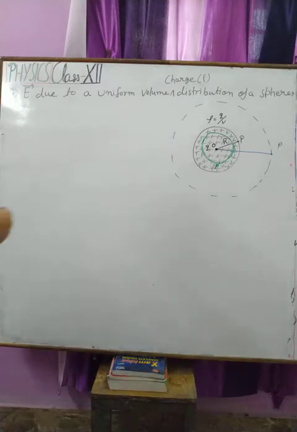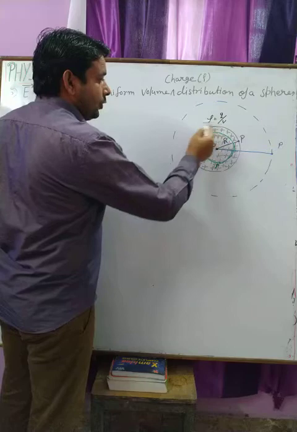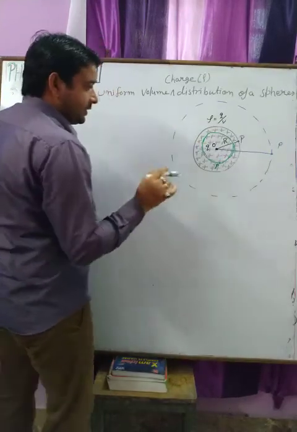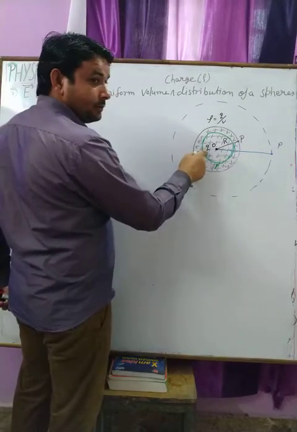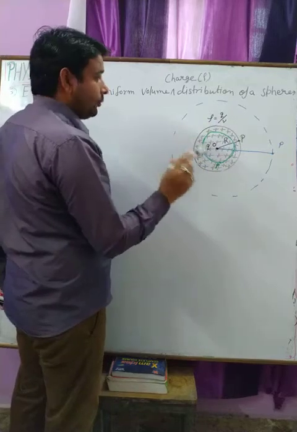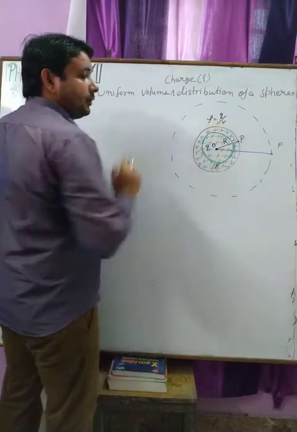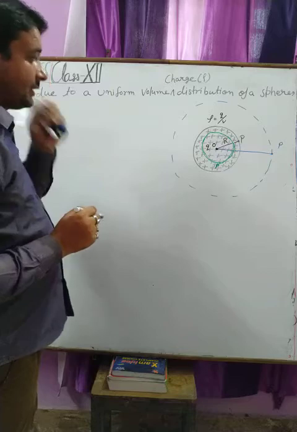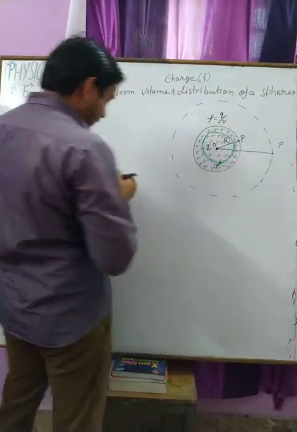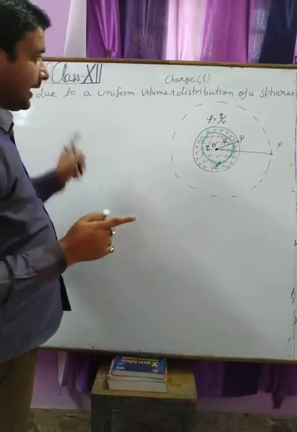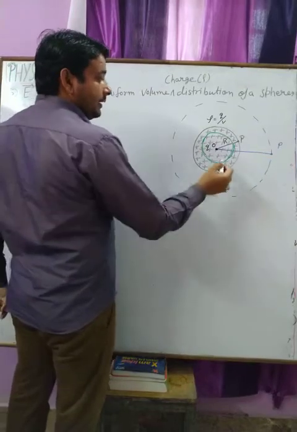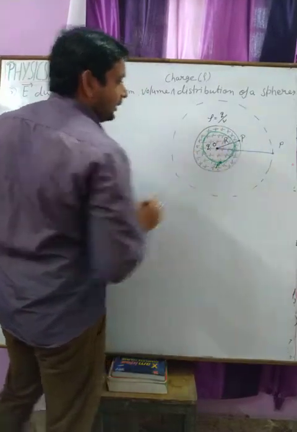Okay students, we have a uniformly charged sphere with charge Q and volume charge density rho equal to Q upon V, where V is the volume of this sphere. Again, we can calculate the electric field at all three points as we calculated for the thin spherical shell: inside, outside and on the surface.